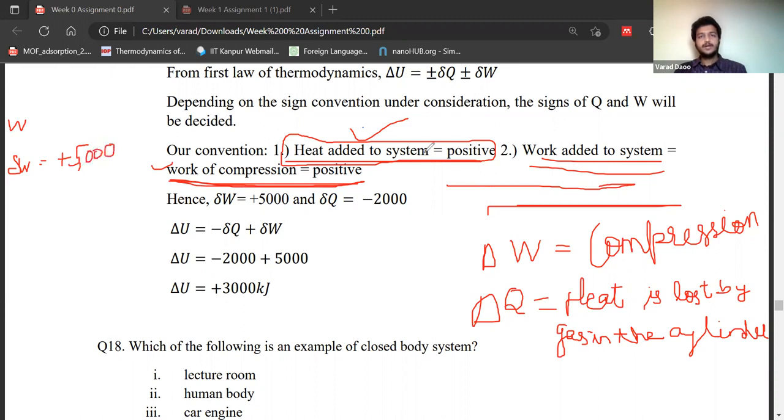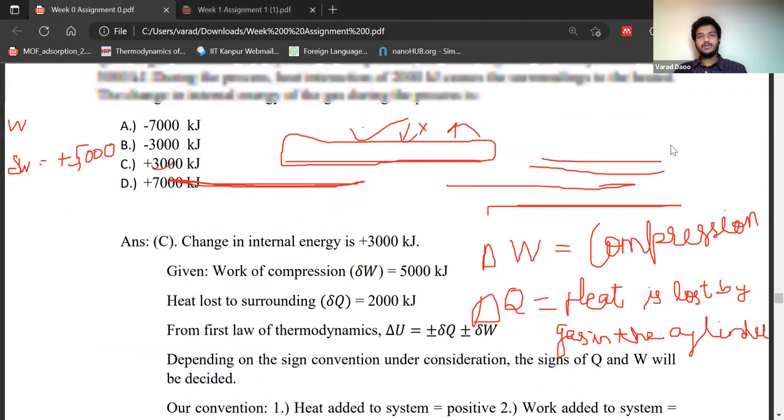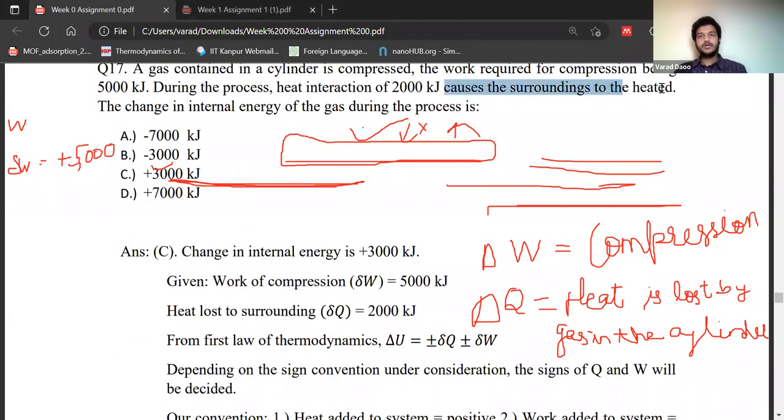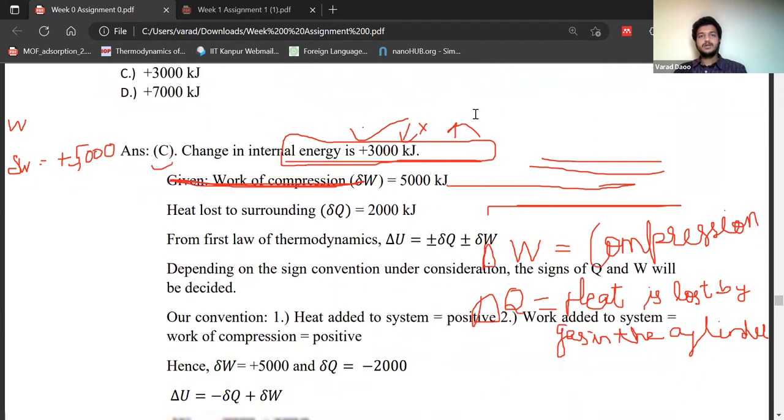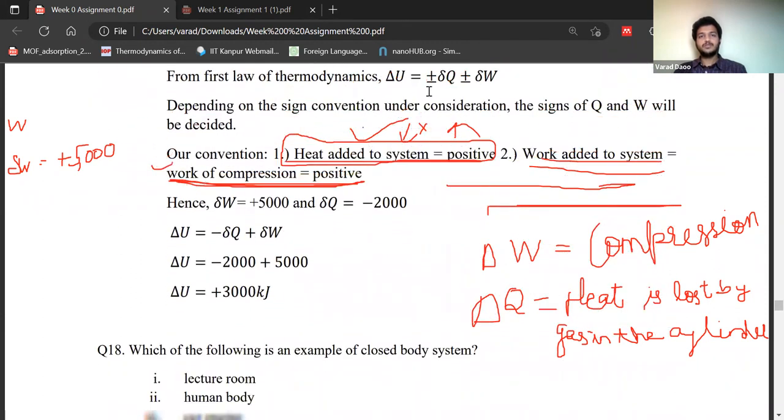And heat added to the system. Are we adding heat to the system? No, heat is being taken out of the system, right? Here you can check what we have is, causes the surrounding to be heated. That means heat is lost from the system. That means it is taken out of the system.